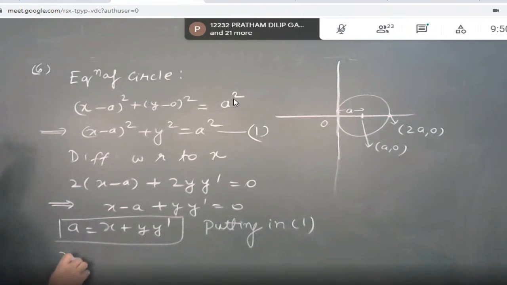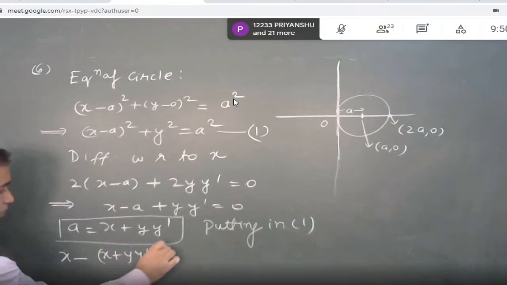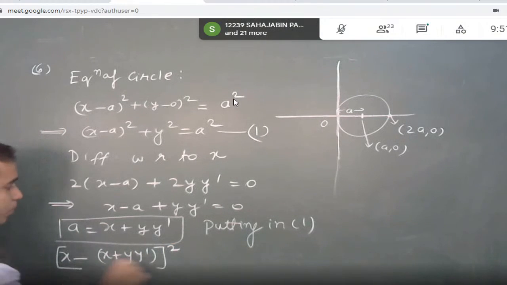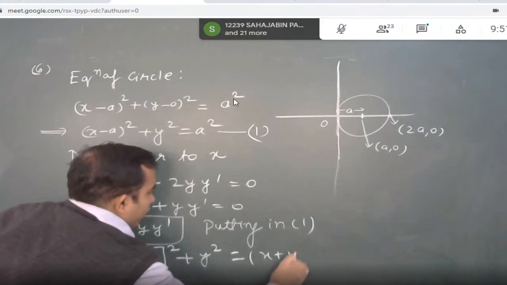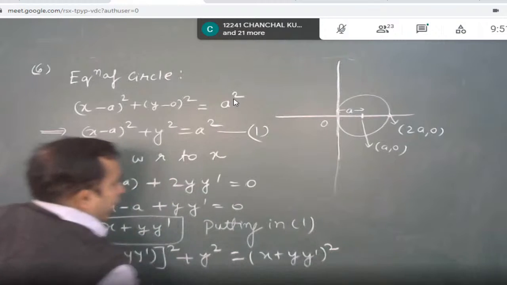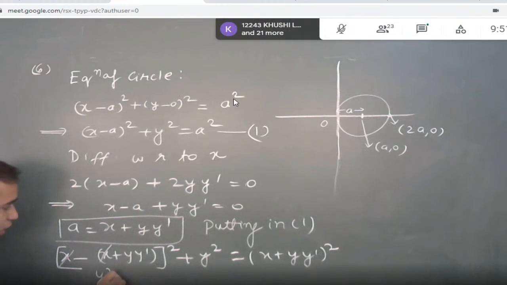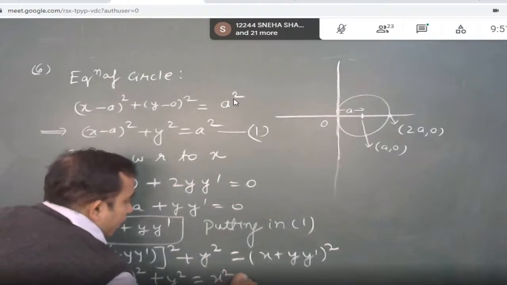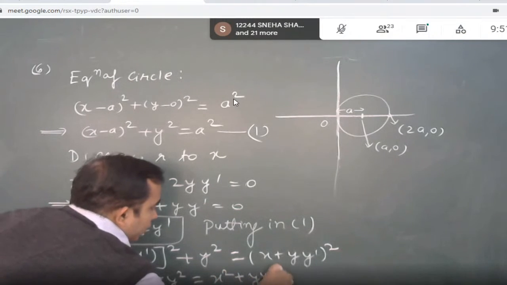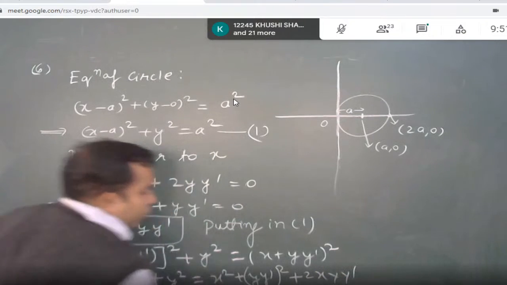So this will become x minus x plus y y dash, whole square, plus y square equals x plus y y dash, whole square. x gets cancelled. This will be y square y dash square plus y square equals x square plus y square y dash square plus 2xy y dash.